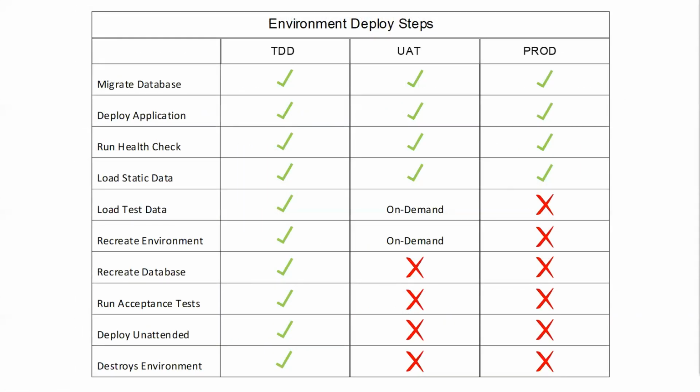We have a checklist of what things to make sure to run in all of the different environments, and you can see that we do fewer and fewer things in production as we go down the line. For instance, we recreate the environment, recreate the database, in the TDD environment. That proves that we can always recreate an environment. Recreating the database, we don't do that in a manual verification environment. We don't do that in an automated fashion because we have human users, and you don't do that to them. You gotta be nice.